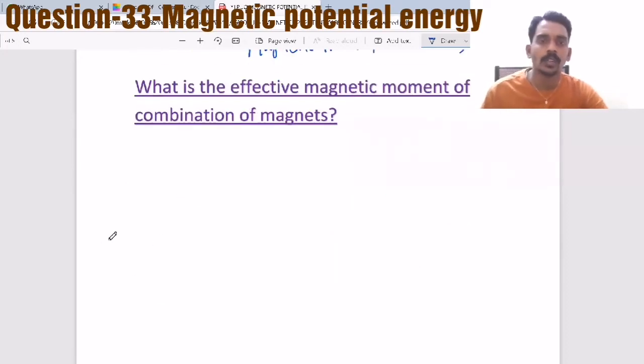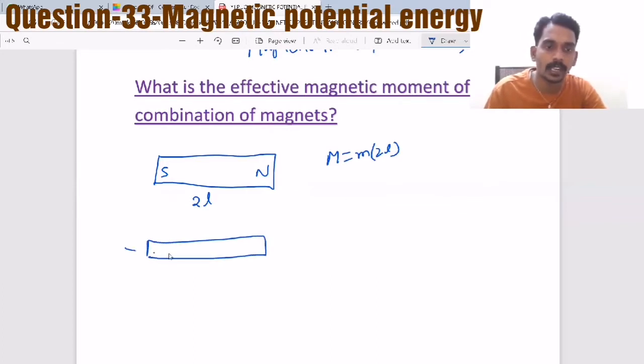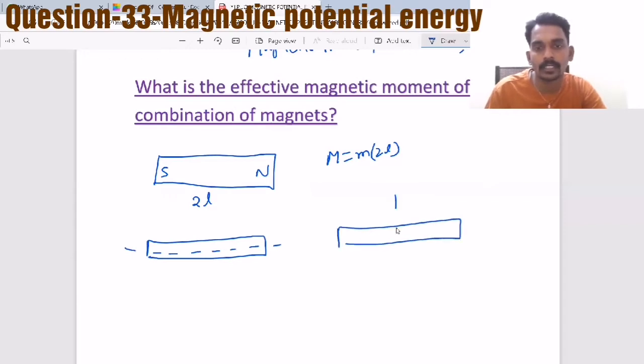Now what is the effective magnetic moment of a combination of magnets? If you take one magnet, this is the south pole, this is the north pole, and this is 2L, then the magnetic moment is M into 2L. Now they can cut the magnet along its axis, or along the perpendicular axis.